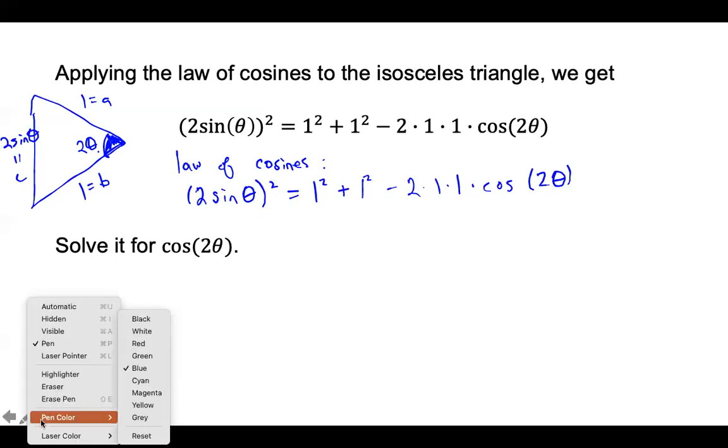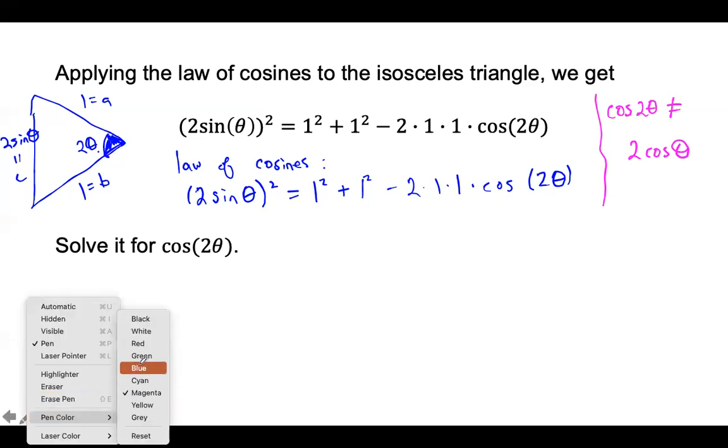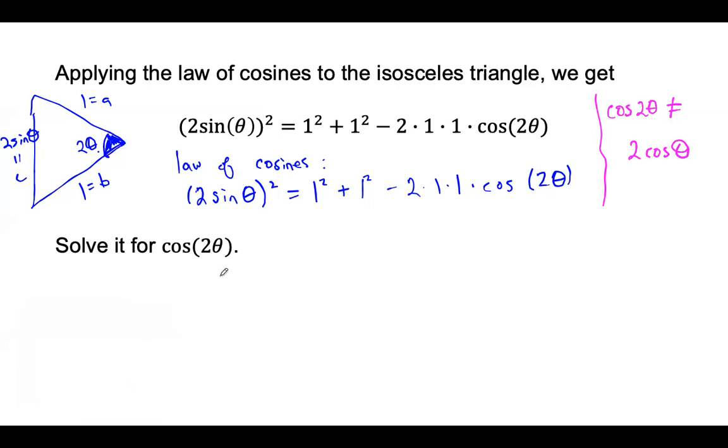Now, I'll write it in the corner here. It is important to notice that cos of 2 theta does not equal 2 times cos of theta, and this is why we're deriving the double angle formula. Now, once we have this part, what can we do?